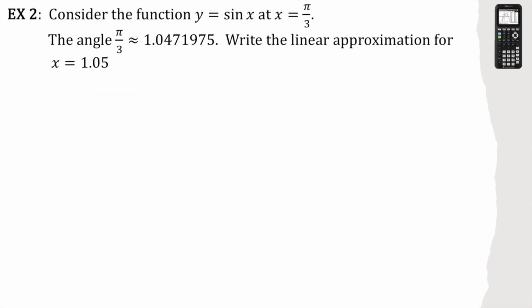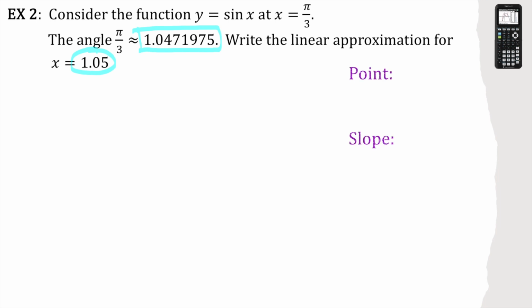Example 2. You can grab your calculator for this one if you'd like. Consider the function y equals sine of x at pi over 3. Pi over 3 is approximately 1.047195. What if I want to know what the function is at 1.05?